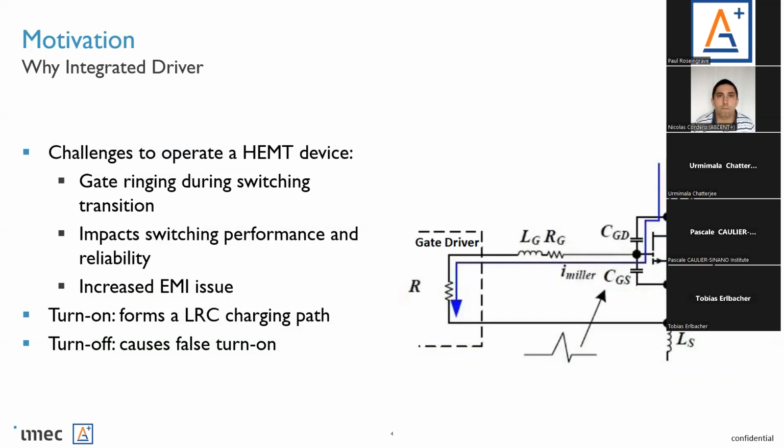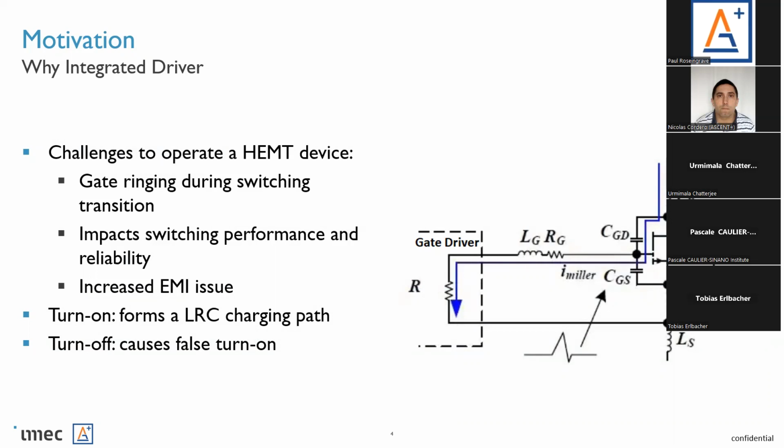For example, say I have a power HEMT that is driven by an external gate driver. Then there are some parasitics between this gate driver and the gate of the FET, and that creates an LRC charging path while the transistor is turning on.